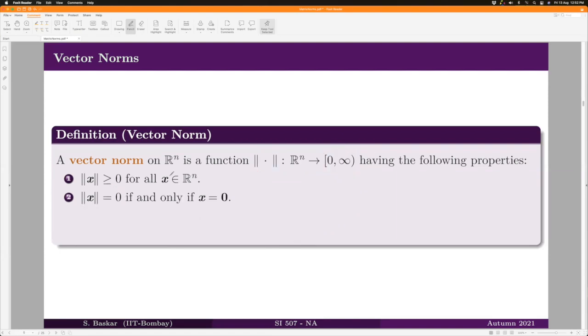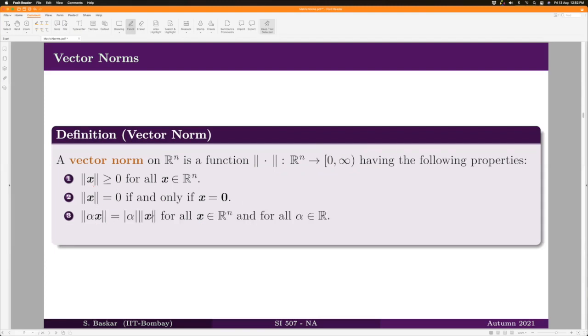The second property is that if your function returns the value 0 for a vector x, it means the vector itself is the 0 vector. No non-zero vector can lead to the value 0 when applied to this function.